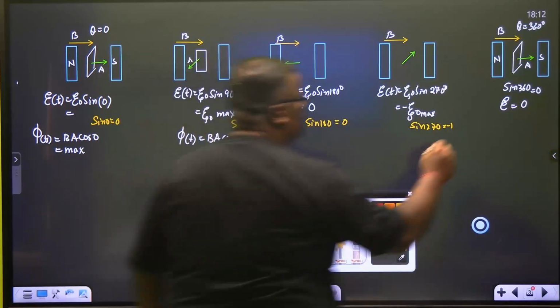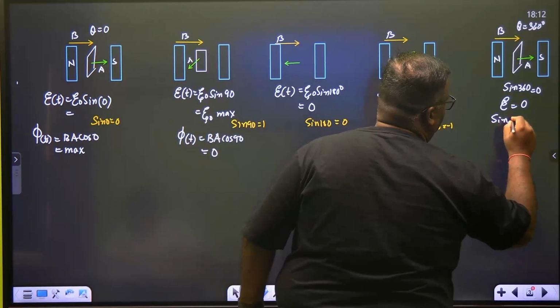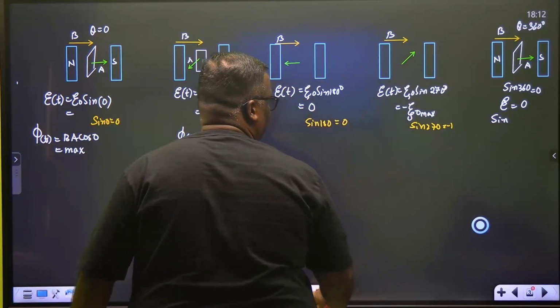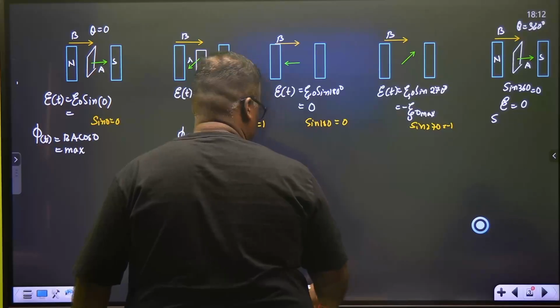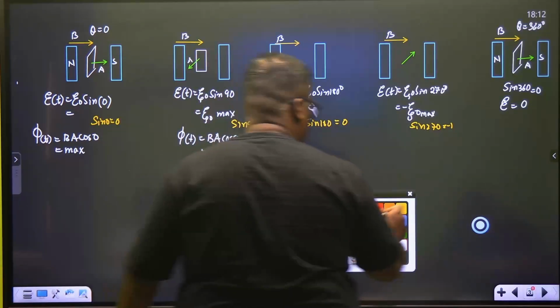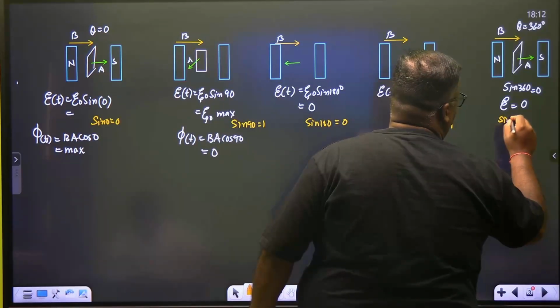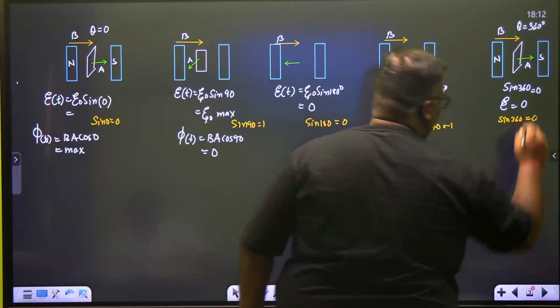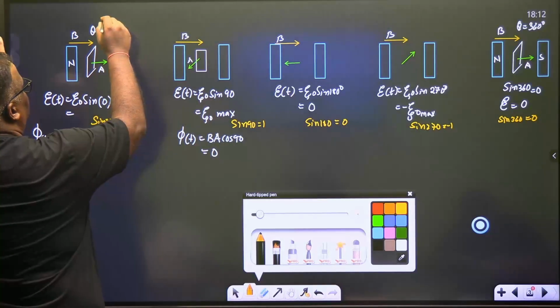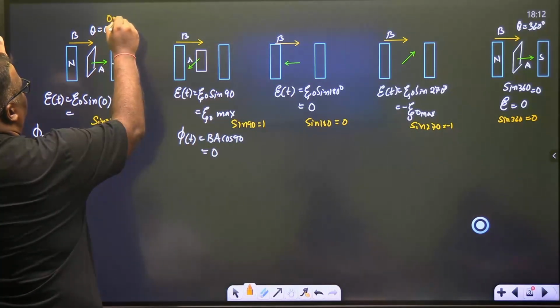So we write sine 360 is equal to 0. If you want this in radians, then I can write here we have 0 rad.